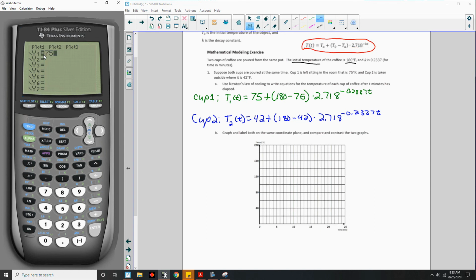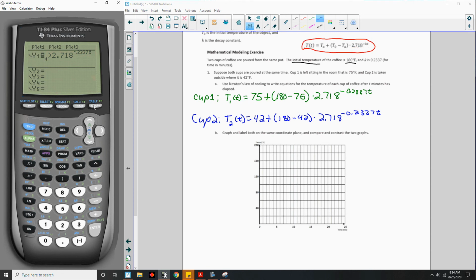So that's going to be 75 plus 180 minus 75 times, you don't need a multiplication sign, you have parentheses and the calculator knows it's times, so just put 2.718 to the power of negative 0.2337. And we're just going to use x here, whatever variable you want to use. We'll just leave it x.